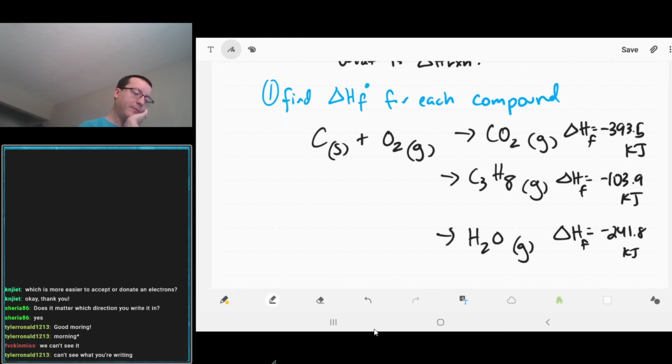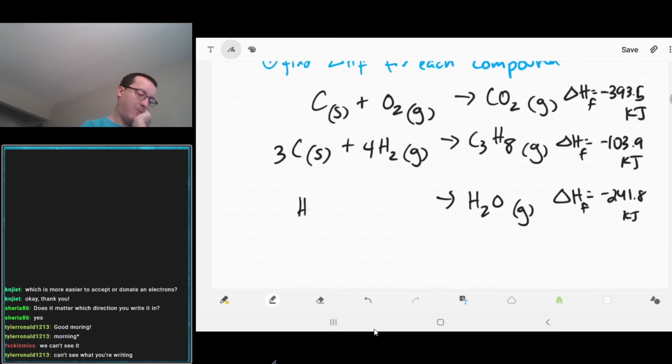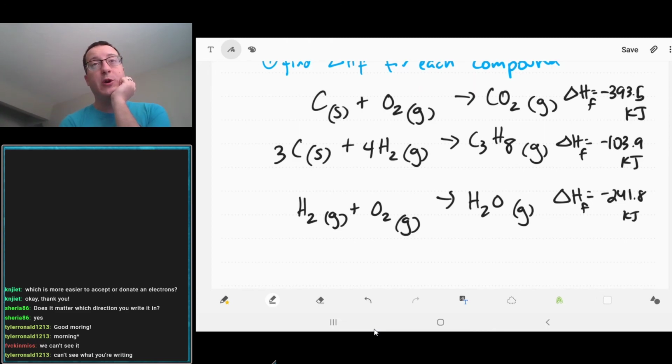For the next one, we have again carbon plus hydrogen now gives us propane. We have a little bit of balancing to do. Remember, we always use the elemental forms of these guys. And the last one, again, we're just using the elements themselves to make this. And remember that we always need to have a coefficient of 1 for our product if we're going to use delta HF.